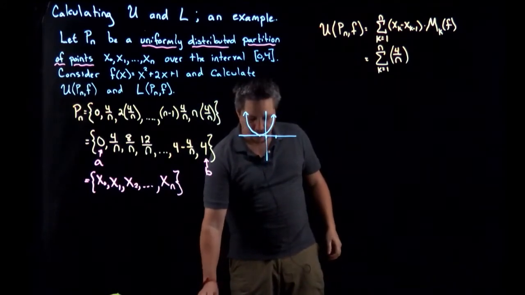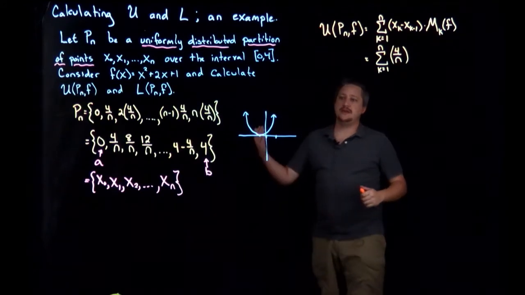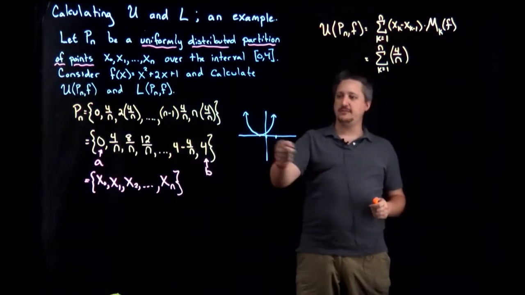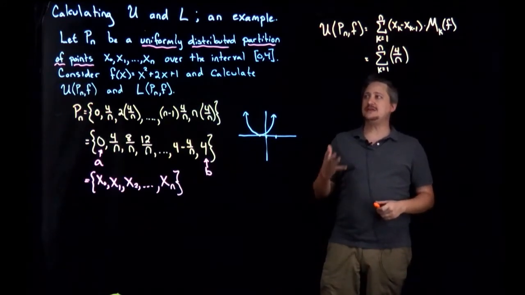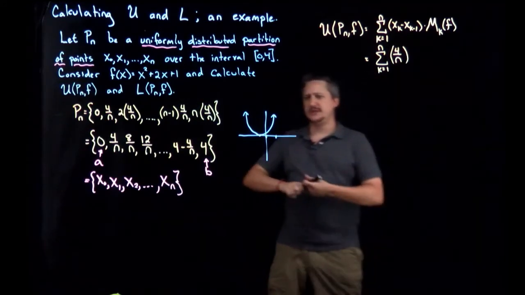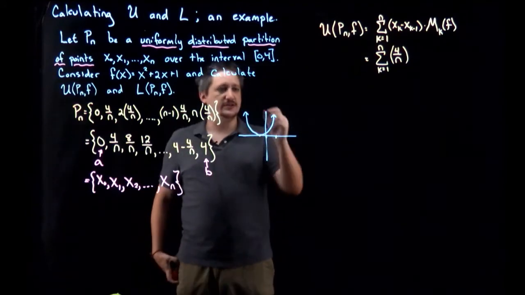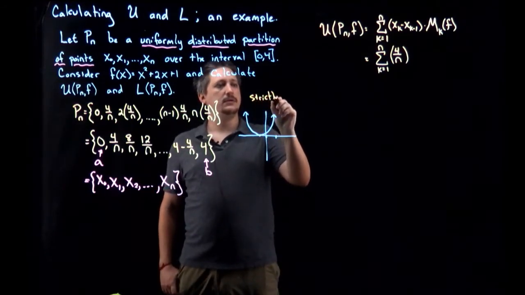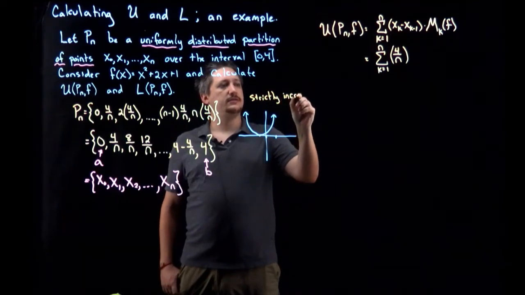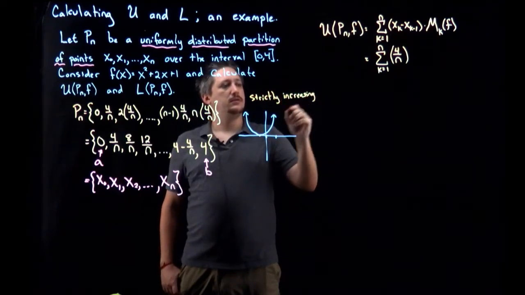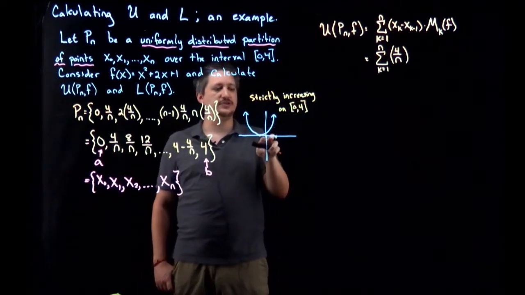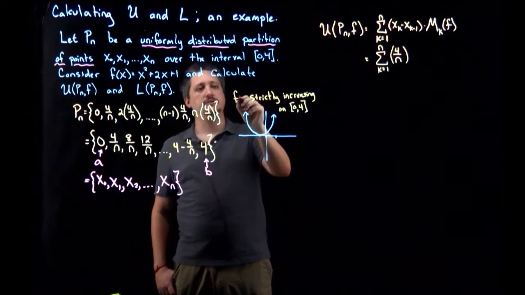Importantly then, I'm going to note that the segment that I'm caring about, this 0 to 4 segment, is a strictly increasing function. This is the thing that I care about. Not to say that the function's always strictly increasing, but it's strictly increasing on the part I care about.